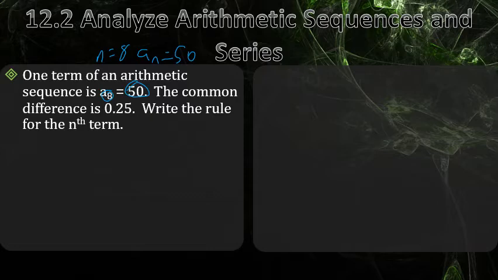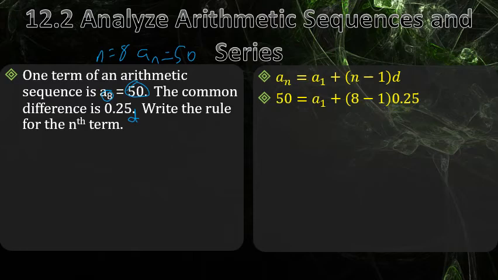And we know this is D. So if I take my rule for the nth term, an equals a1 plus n minus 1 times d, and I fill in what I know. I know an is 50, I know the n is 8, and I know the d is 0.25. So I fill in all those. Then I can solve for a1. So 8 minus 1 is 7 times 0.25 is 1.75. Subtract the 1.75, and a1 becomes 48.25.